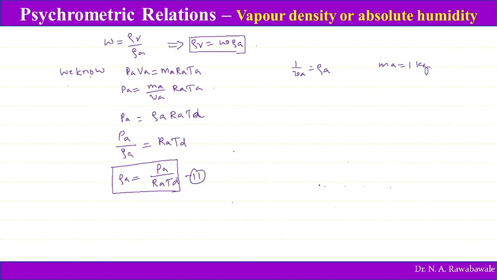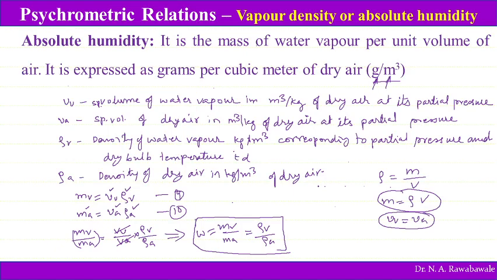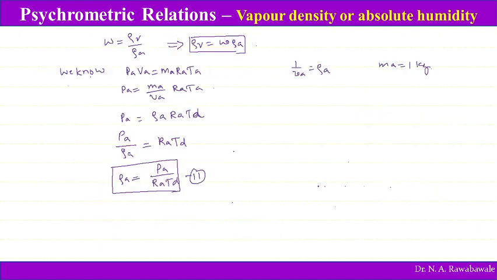Now substituting the rho A in the equation which we have obtained for rho V. So we call this equation as 11 and this as 12.